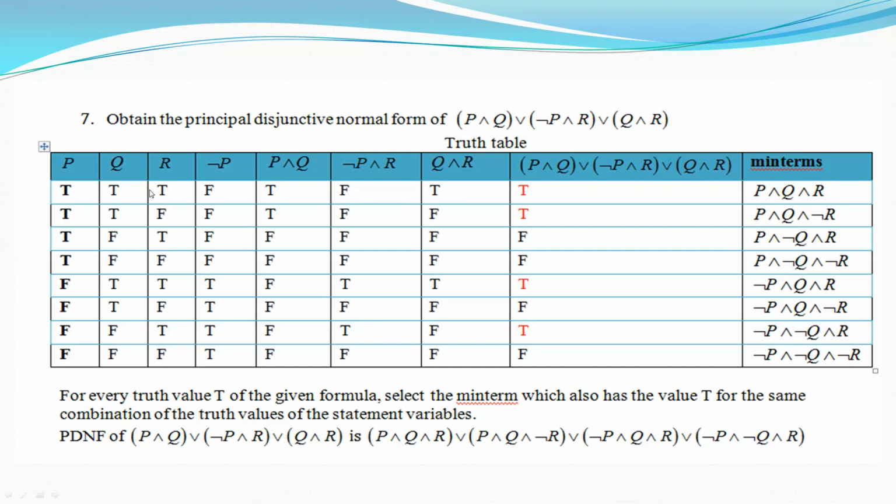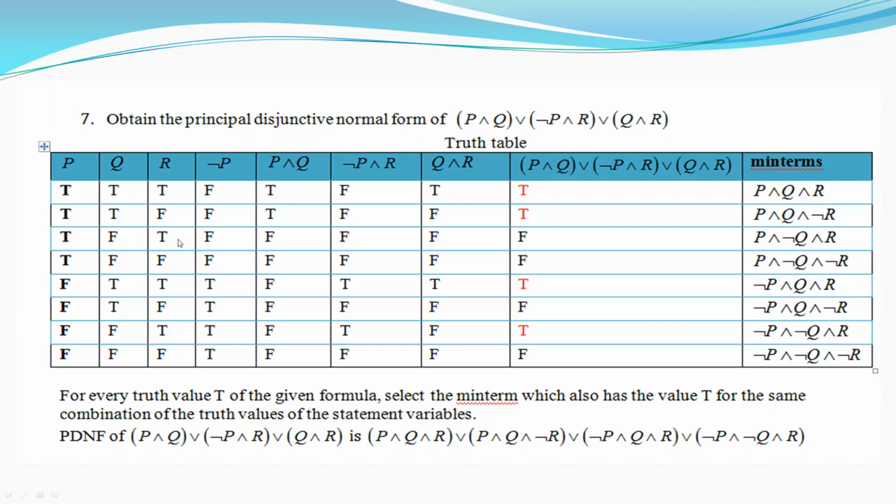So P and Q and R. Next, this combination is true when P is true, Q is true, and R is to be made true. So to make it true, you have to change false into true. That means P and Q and negation R, because the conjunction of P, Q, R is true only when P, Q, R are all true. That's why I wrote here P and Q and negation R.